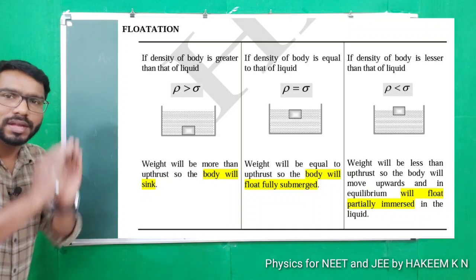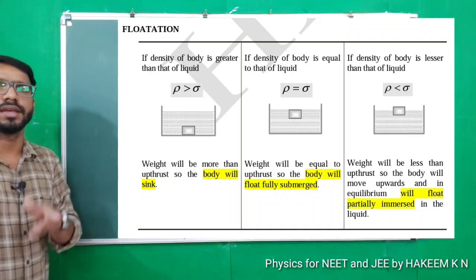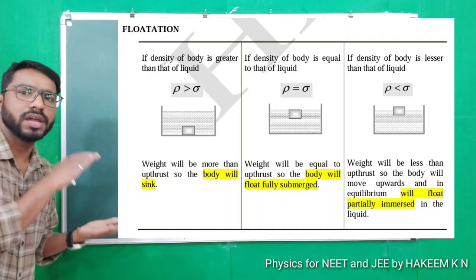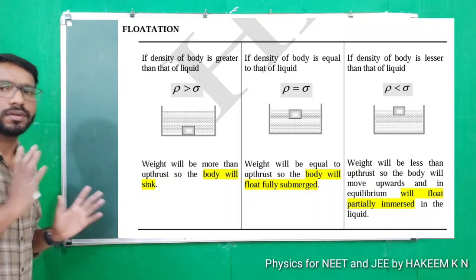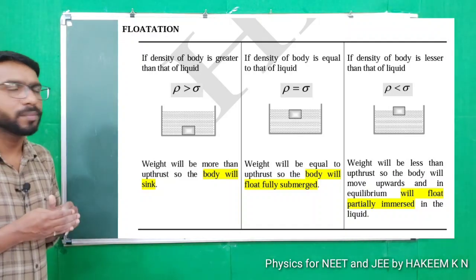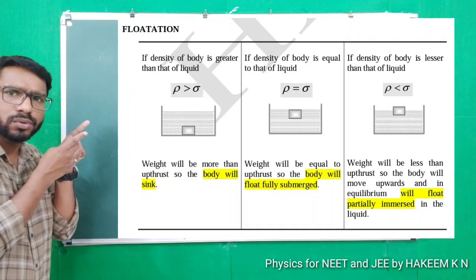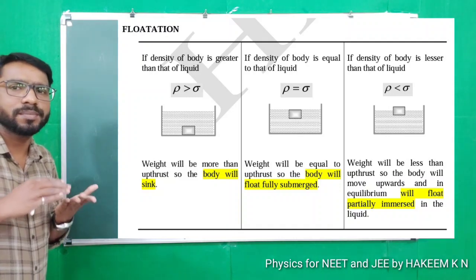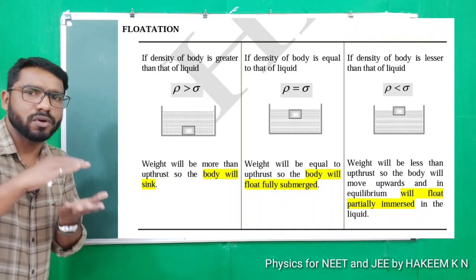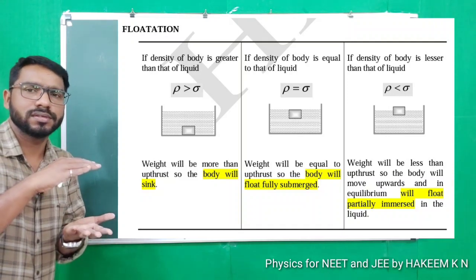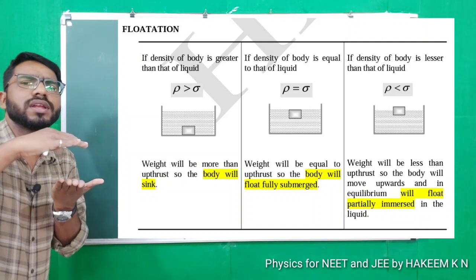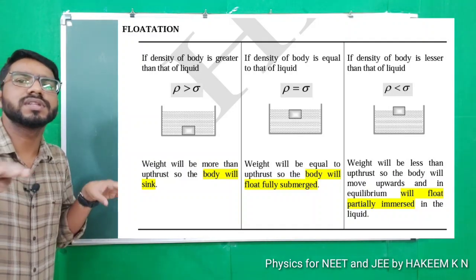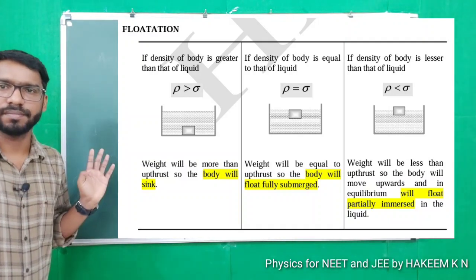That is why the body sinks and goes to the bottom of the vessel. If density is equal to the density of the liquid, then the body will float just below the liquid surface because their densities are the same.